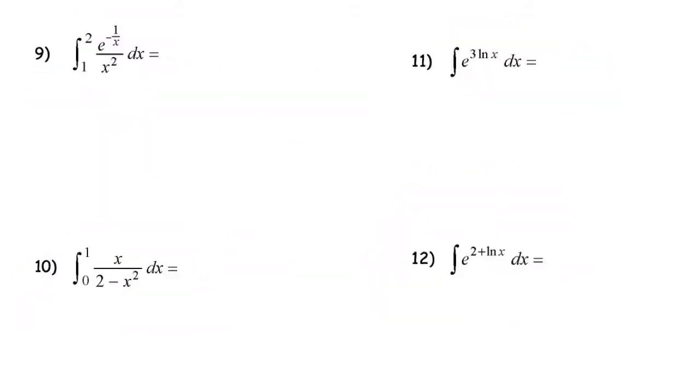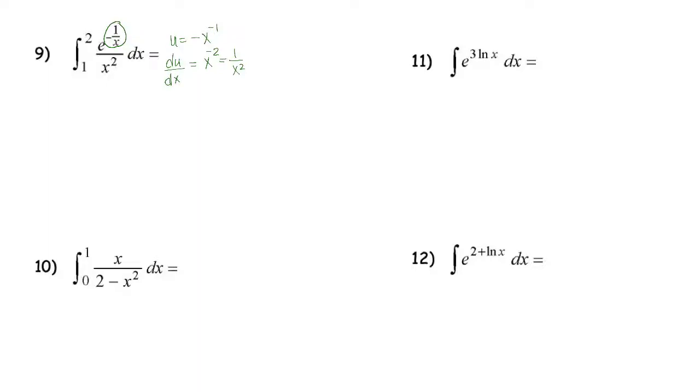All right, so again, strange looking problem. I would pick on this portion right here, and I would let u be -1 over x, or x to the -1, same thing. And so du dx is going to be x raised to the -2, which is 1 over x squared.